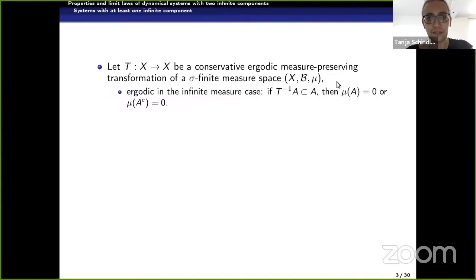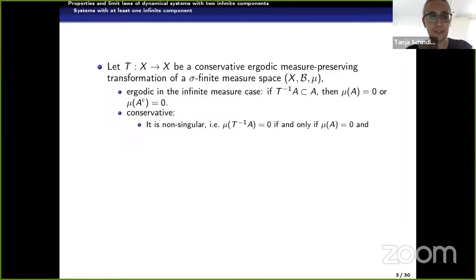Just to say what ergodic means in case you haven't seen that: in case it's an infinite measure, it means basically the same, that if the pre-image of some set is contained in the set itself, then the measure of the set is either 0 or the complement is 0.